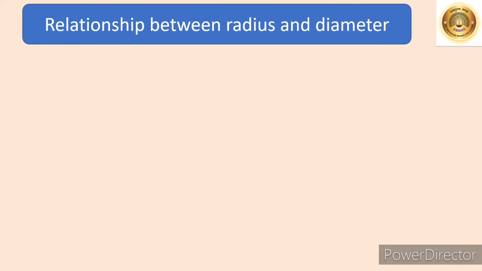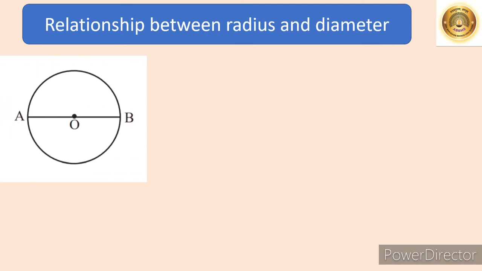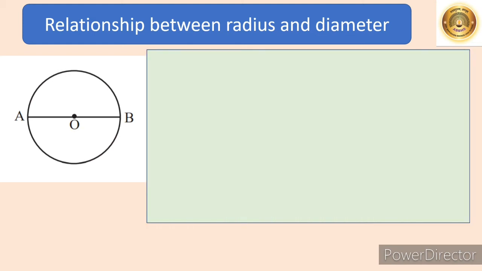Now let's start the relationship between radius and diameter. This is a circle. It has center, radius and diameter. Now we are going to see the questions regarding it. The first question is, which are the radii in the circle?